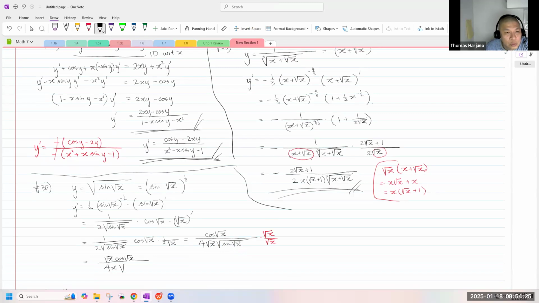So, square root of x cosine square root of x over 4x square root of sine square root of x. I think that's the simplest we can get and reasonable to how we usually write a final answer in Calc 1. That's for number 30.